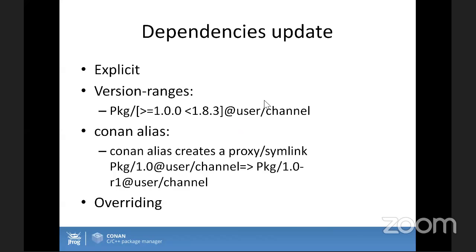It can be slow if you have hundreds and hundreds of versions. And also it blocks if, for example, version 1.0.184 is released and that package already has this version range expression, it won't update. There is another way that is using overriding. And finally, the server side, the package publisher's way to update dependencies, is the Conan alias.